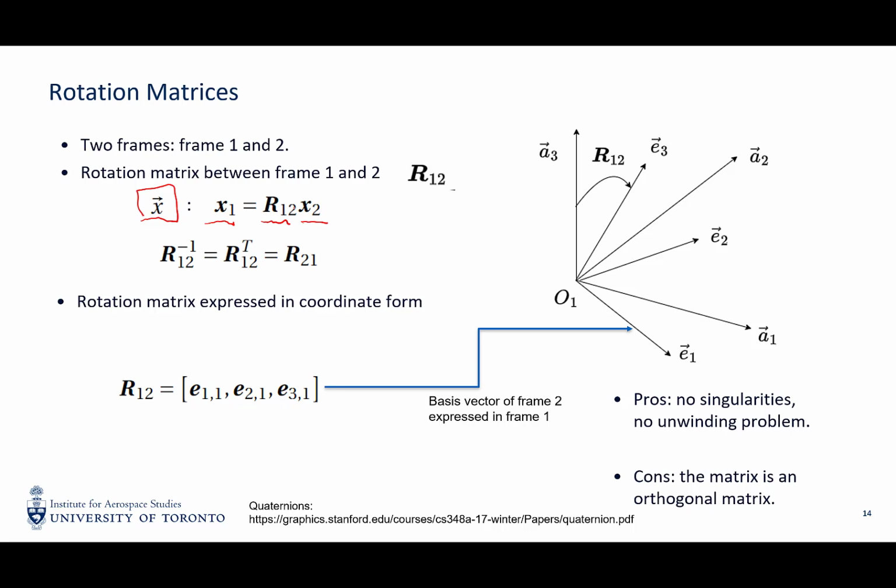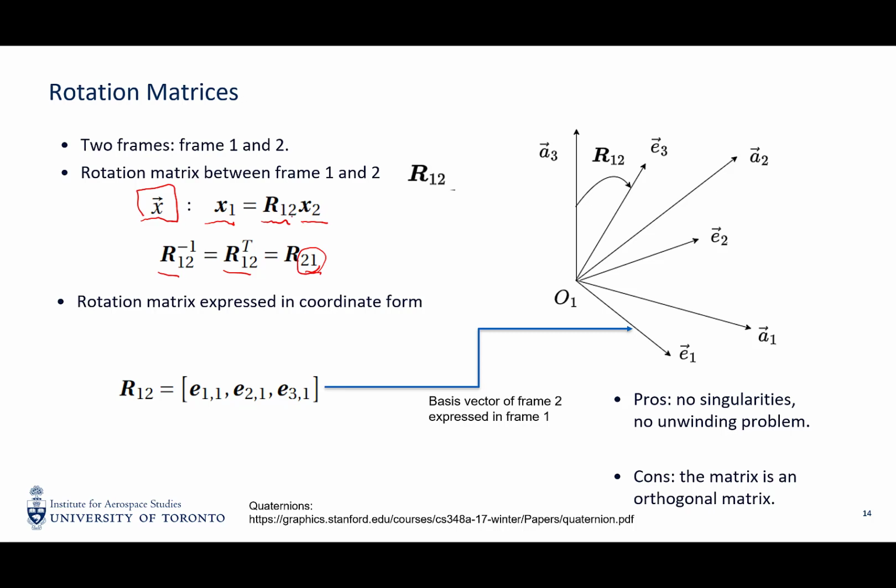Of course, for a rotation matrix, the inverse is the transpose. We also use the notation that if we want to express the transpose or the inverse, we just swap the indices.